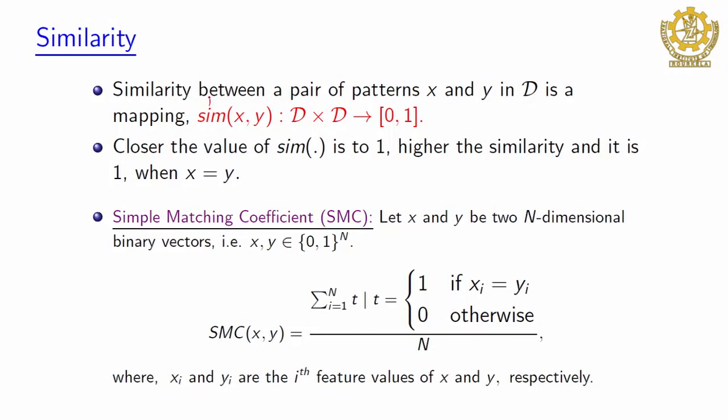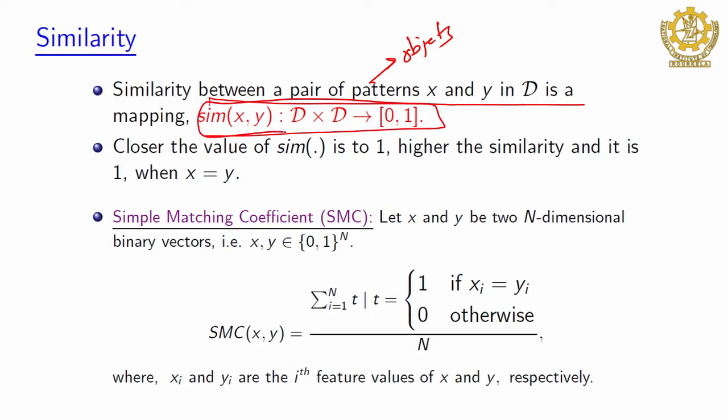The similarity between a pair of patterns, objects or instances is nothing but a function, and it varies from 0 to 1, which we studied earlier. We also know that the closer the similarity value is to 1, the more likely the two objects are very similar, and if it is exactly 1, the two objects are identical.